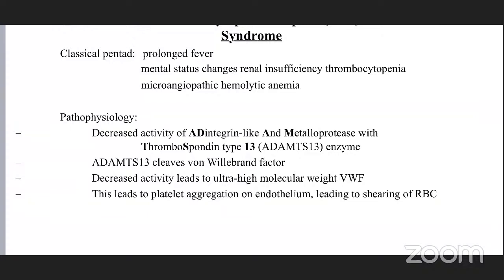Sometimes they cannot come with the full pentad, they can come with fever or a picture near to hemolytic anemia syndrome. This patient is not easy to diagnose from the presentation in the ER. They need careful history, clinical presentation, and labs.